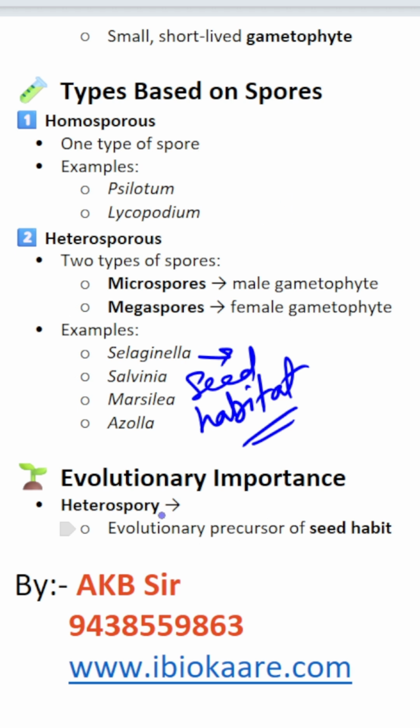Here we come to know the evolutionary importance: the heterosporous seed habit starts from Pteridophyta, from Selaginella onwards. Seeds are only possible if they are heterosporous, means if they have microspores and megaspores.